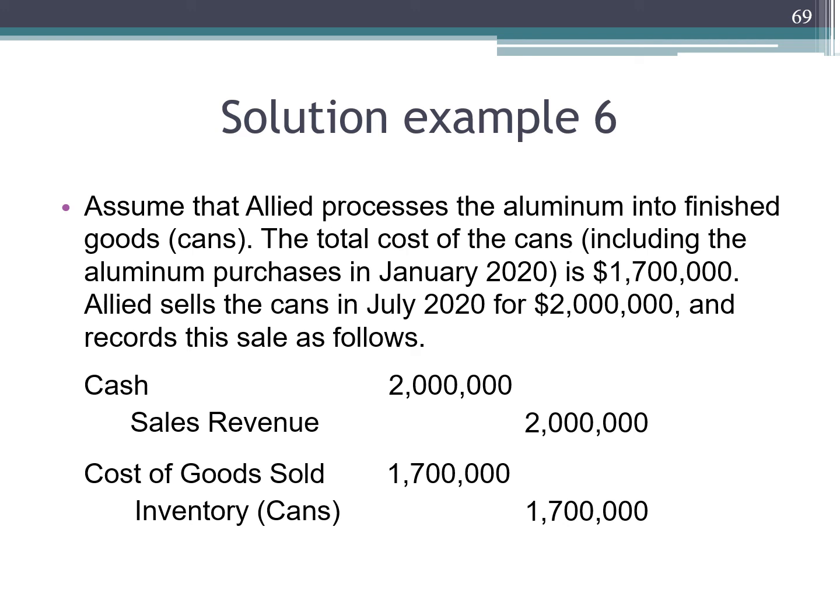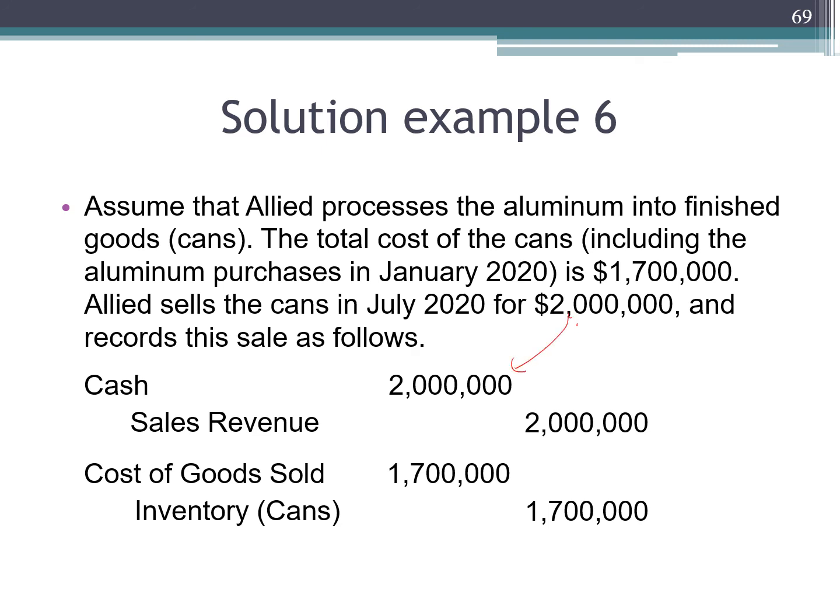Assume that Allied processes the aluminium into finished goods, which is a can. The total cost of the cans here, including the purchase in January 2020, is 1.7 million. Allied sells the cans for 2 million, and records the sales as follows. You debit cash, and then credit sales revenue.